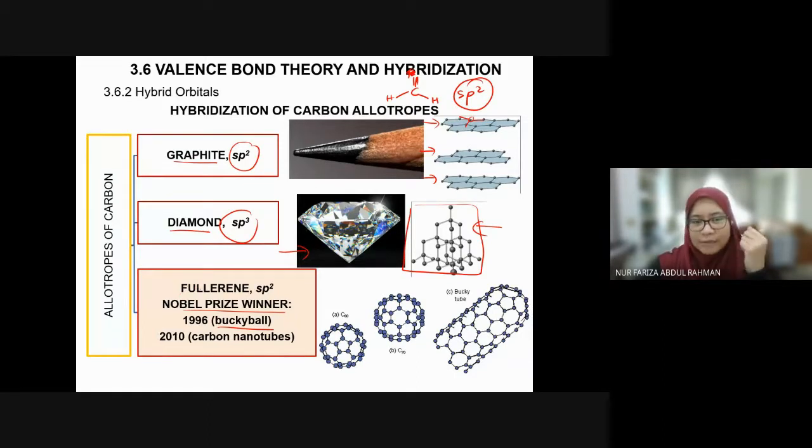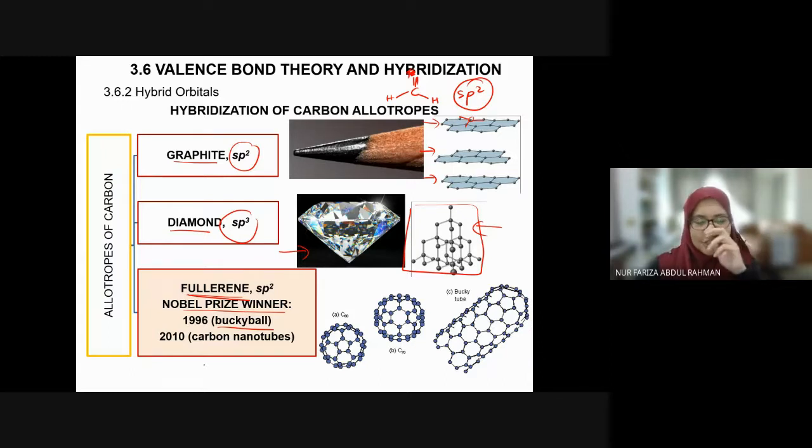Atau nama dia fullerene. The discovery of this compound, this allotrope, is named after the scientist. So dia punya scientist dia nama dia Fullerene. Ada nama panjang lagi lah tapi nama dia Fullerene.